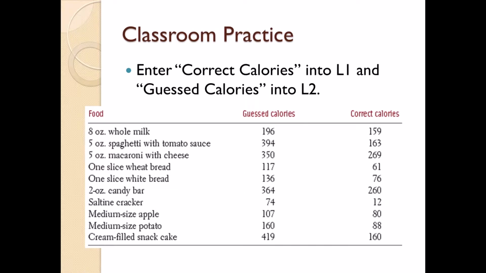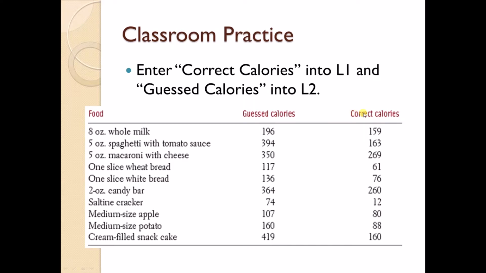All right, so this is something that I'm already set up in my calculator for, but you can pause. Now, the correct calories are actually explanatory, and the guessed calories are response. This is a little backwards to what you would expect in a table.